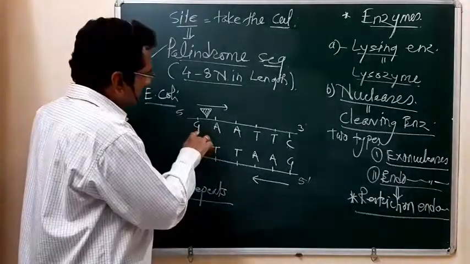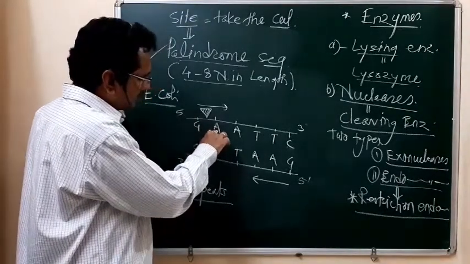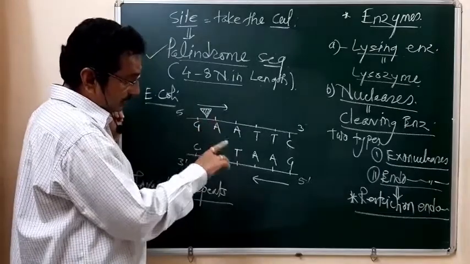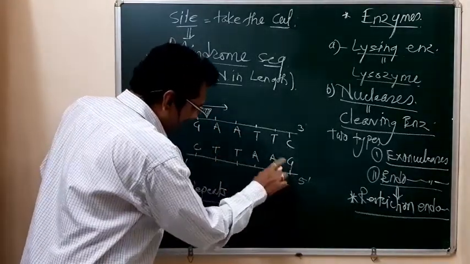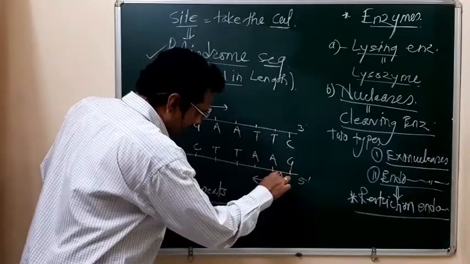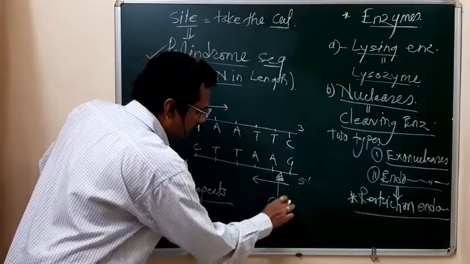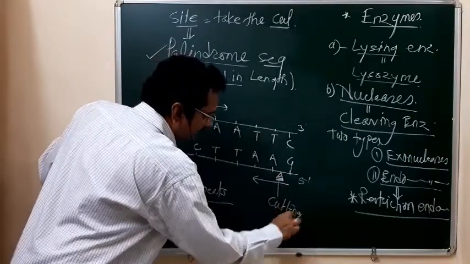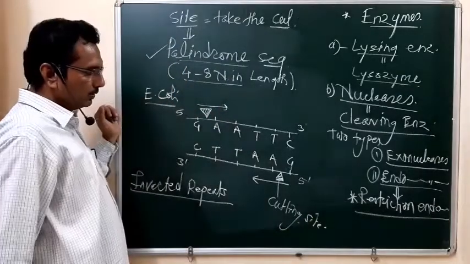So what are those same nucleotides? Here it is the guanine and adenine. Then where are the same nucleotides on the other complementary strand? There is guanine and adenine. So they take the cut at this position. Okay, at this position. So this is the cutting site of that restriction endonuclease.